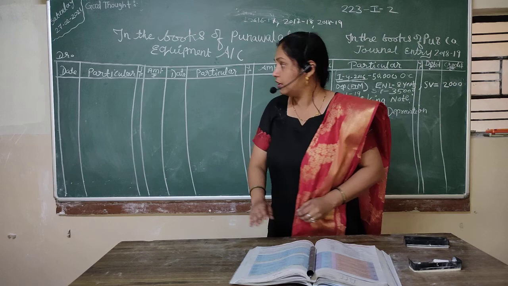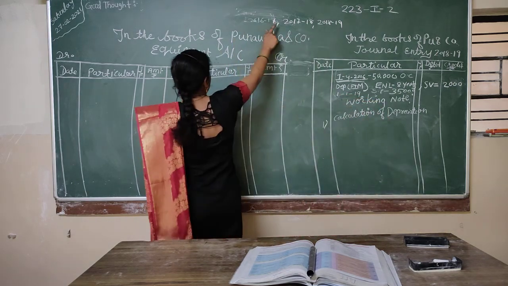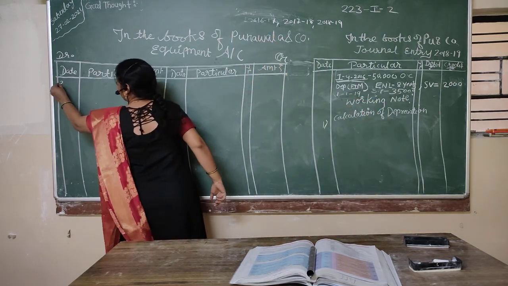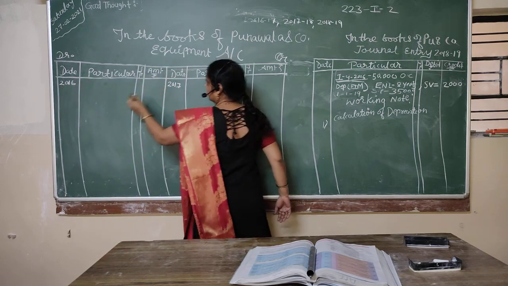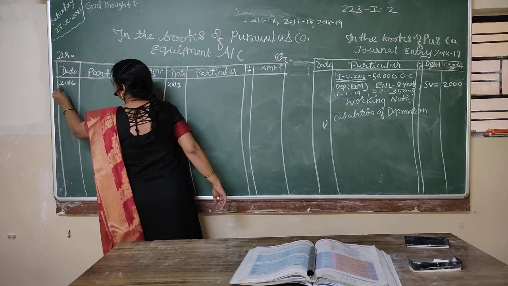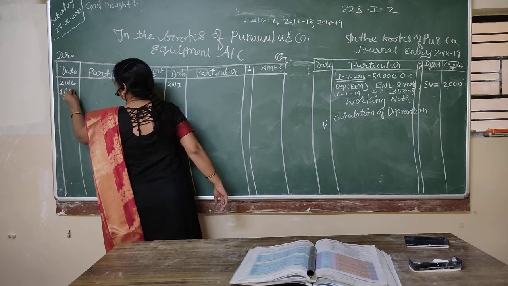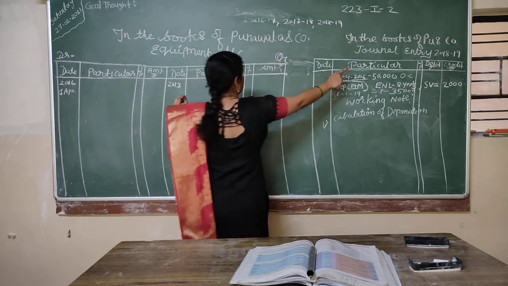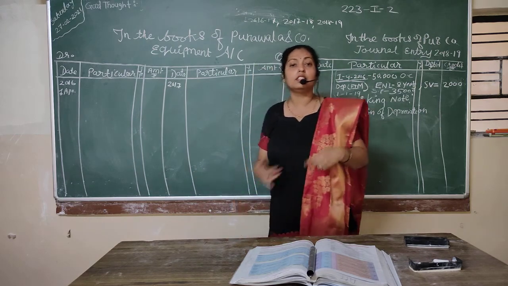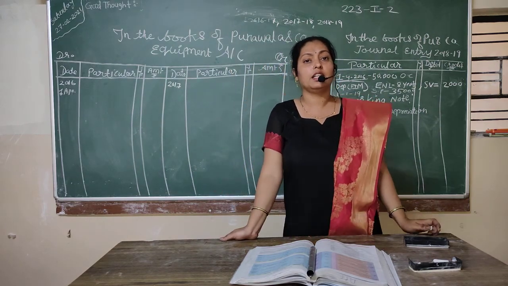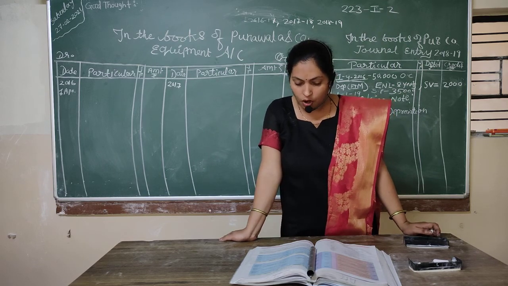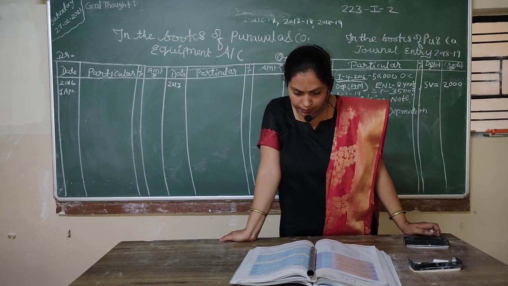So students, first in the first year, that is 16-17, here I will write 2016, here I will write 2017. On 1st April 2016, what happened? The equipment is being purchased. So what is the entry for purchasing equipment?